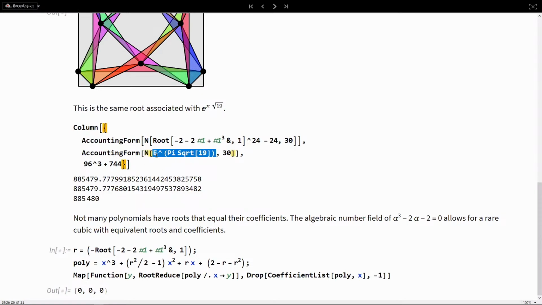If you look at this value, it's the same thing for 9 digits. And there's also this root object where you have the coefficients of the polynomial that are also giving the roots of the polynomial. This is one of the other strange solutions that's possible using something with a small discriminant.